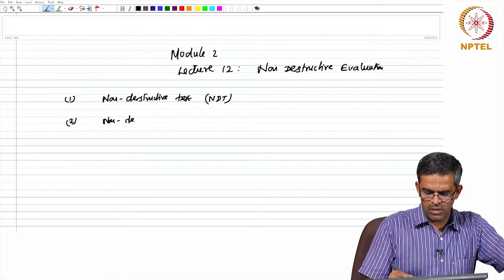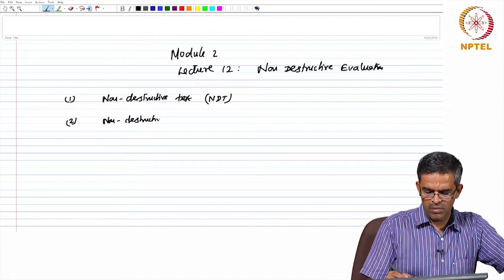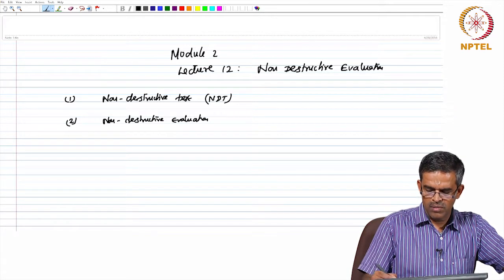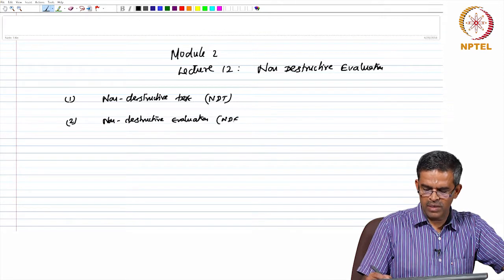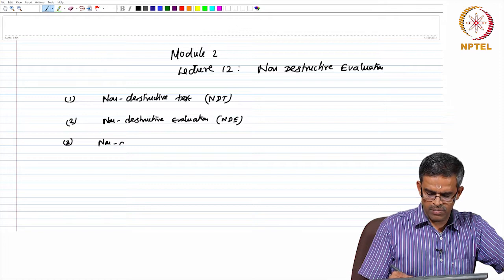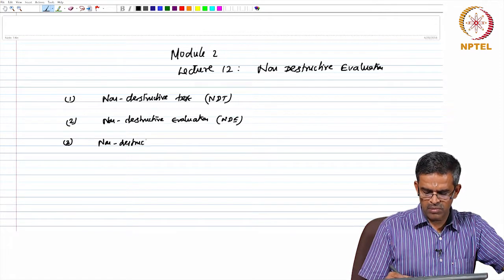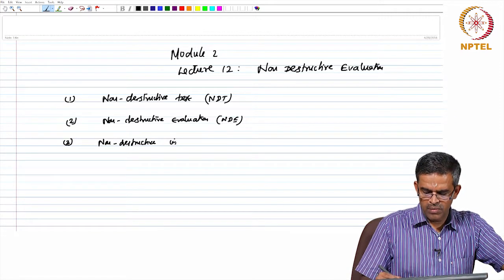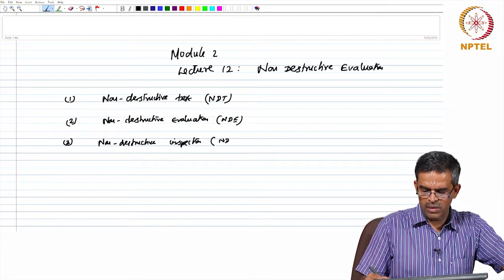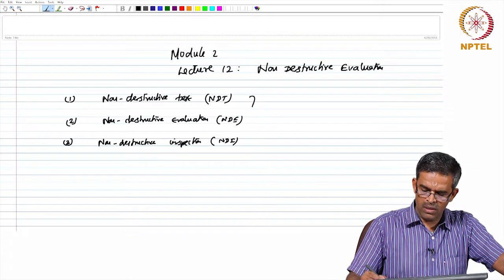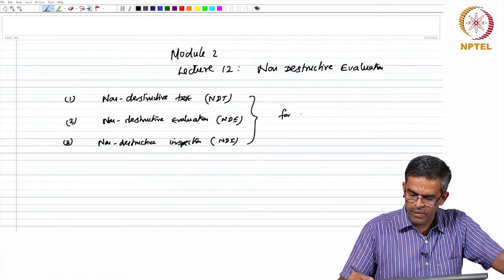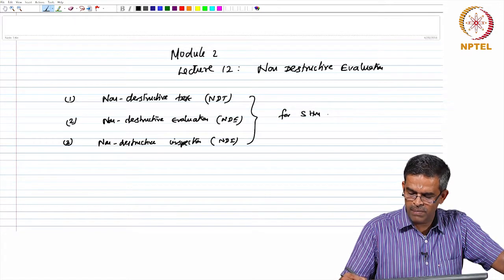Other is non-destructive evaluation, briefly known as NDE. Third is non-destructive inspection, known as NDI. All these are very vital for structural health monitoring scheme.